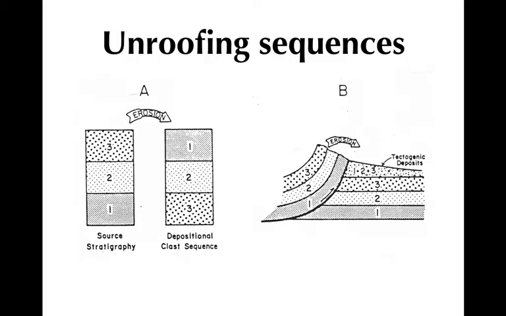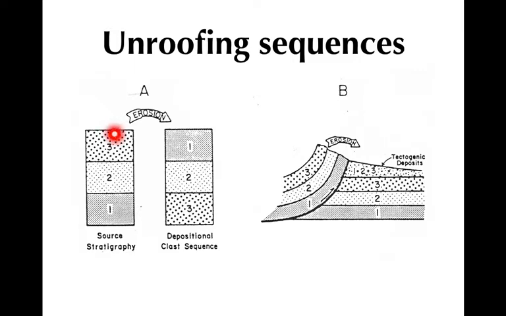It turns out that if you apply this procedure to a stack of conglomerate, what you often find is that the history of erosion in the source area is preserved in the clast types that occur at different levels in a conglomerate deposit. So let's take an example where we have a source consisting of rock type 1 overlain by rock type 2 and overlain by rock type 3.